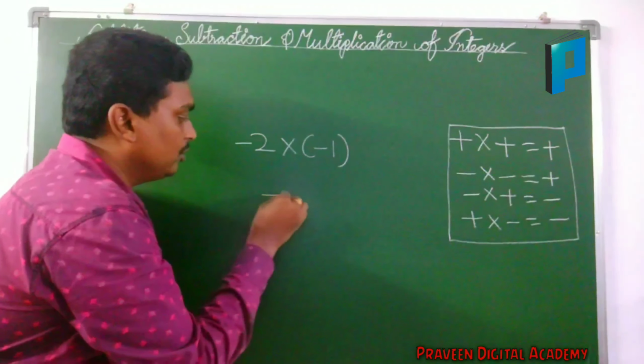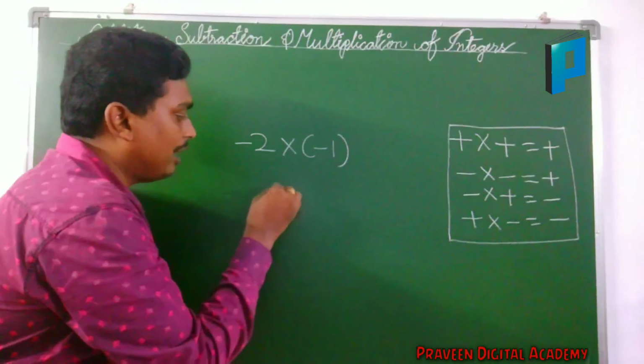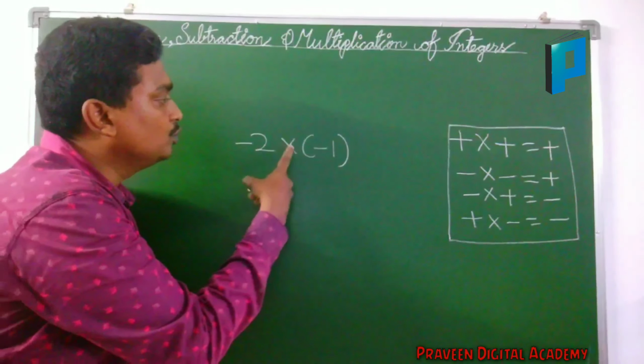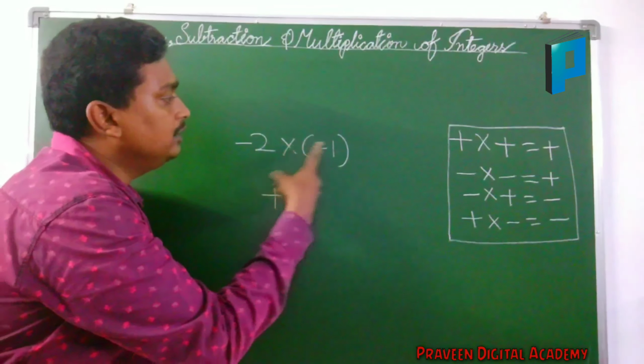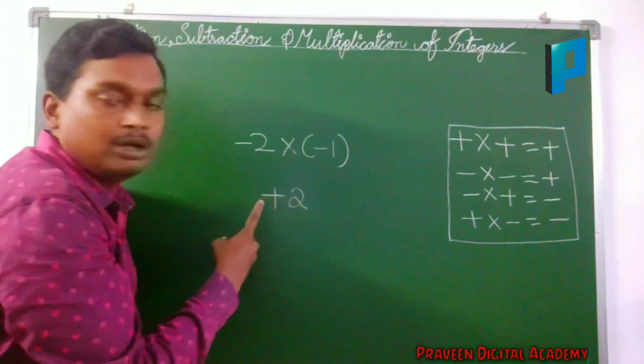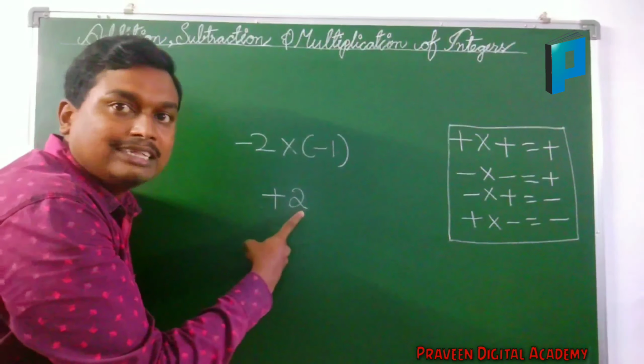It is plus. You have to write the plus. Minus into minus is plus. What is 2 into 1? 2 into 1 is 2. The answer is plus 2, or you can say it as 2 also. If you don't have any sign, we will consider it as plus only. If you have like this, minus 3 of, minus 3.